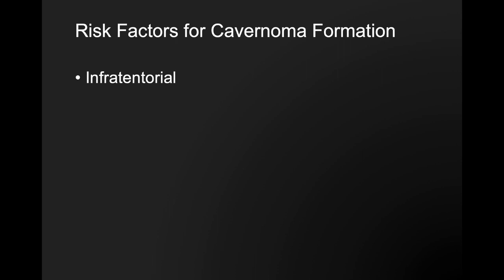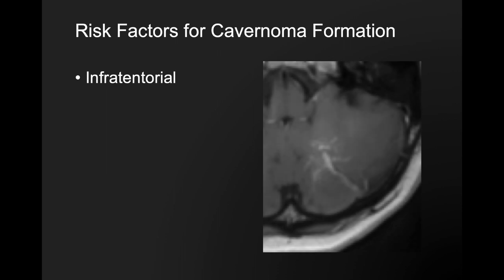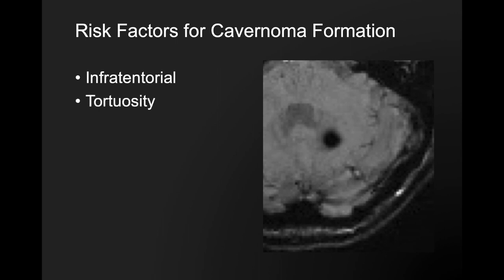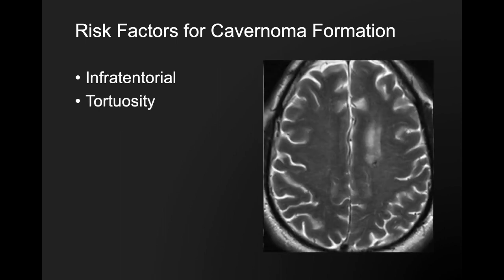So what are the risk factors for cavernoma formation inside a DVA? Infratentorial DVA is one of the risk factors, and this may be because there's just less space and maybe more kinking of the DVAs in these territories. Tortuosity of the DVA.